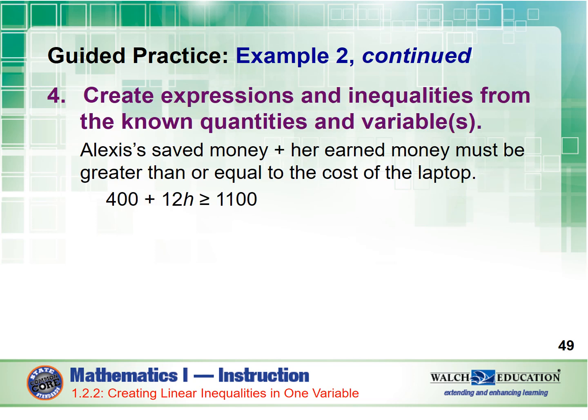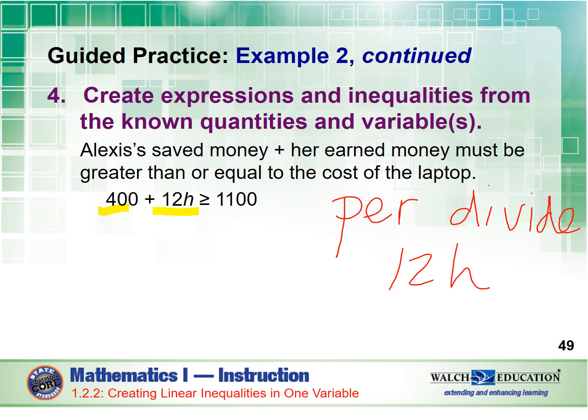So Alexis saved money, $400, plus her earned money, which is $12 per hour. Whenever you have the word per, here's a little note for you. Per means divide when you're going to undo it. So we've got 12H, and when I say undo it, you're going to solve for H. In order to get H by itself, you're going to end up dividing.